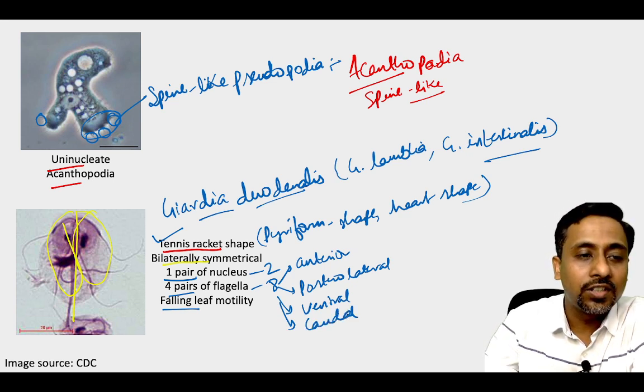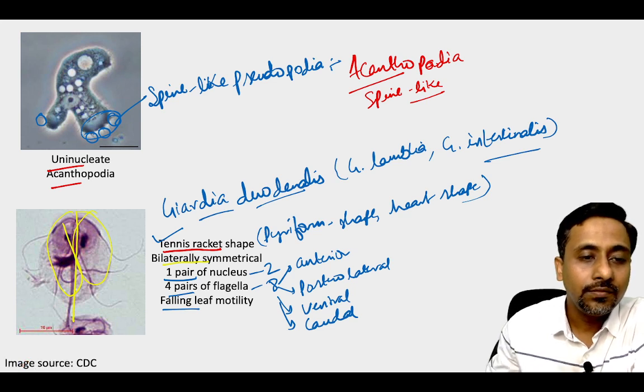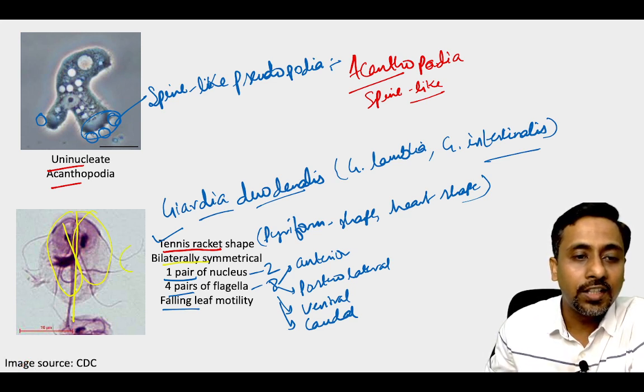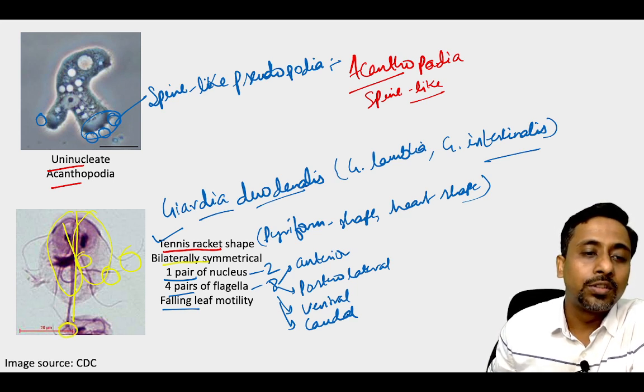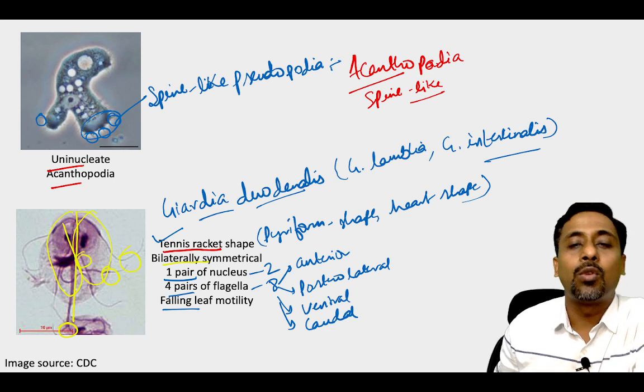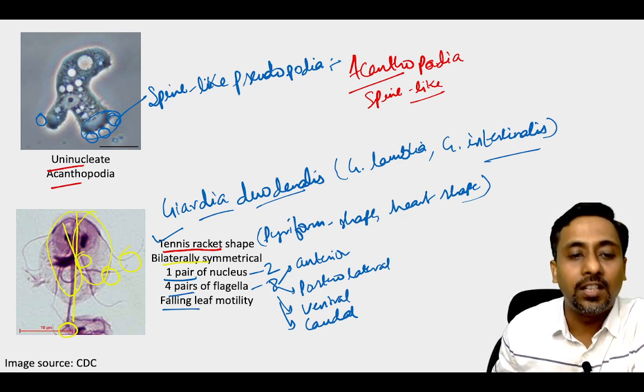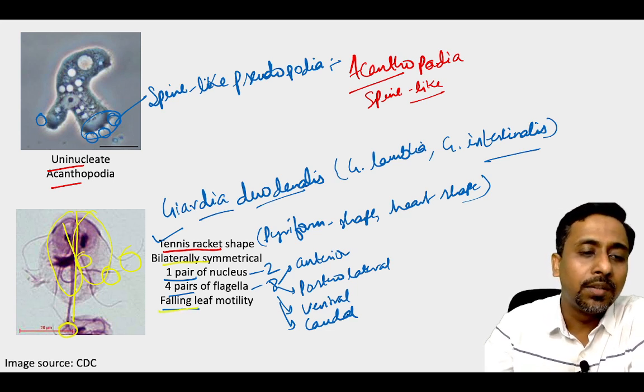So if you can see, I'll show all the four pairs. So this is anterior, this is posterior, this is caudal, ventral, and these two are caudal. Okay, so 1, 2, 3, 4, four pairs of flagella. And what is the type of motility? Falling leaf motility.